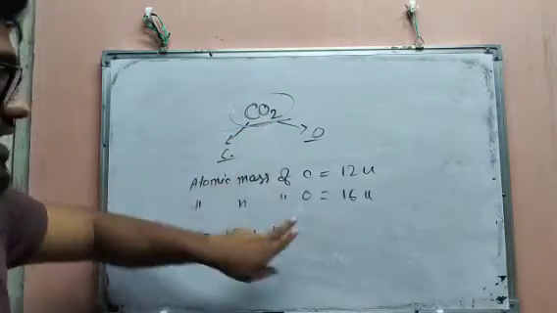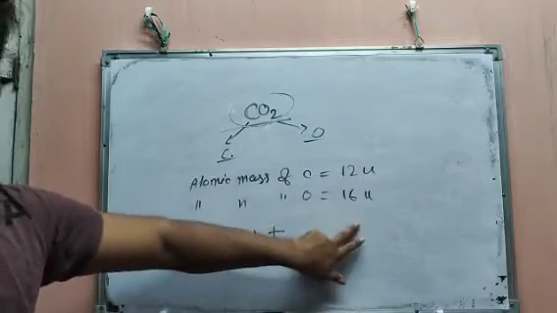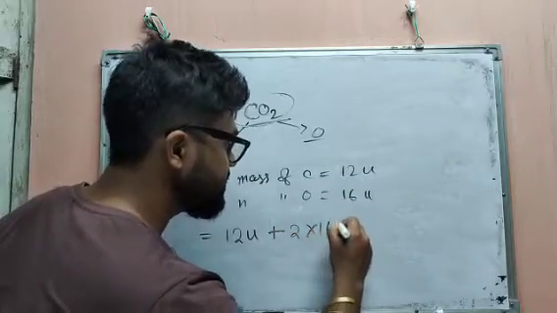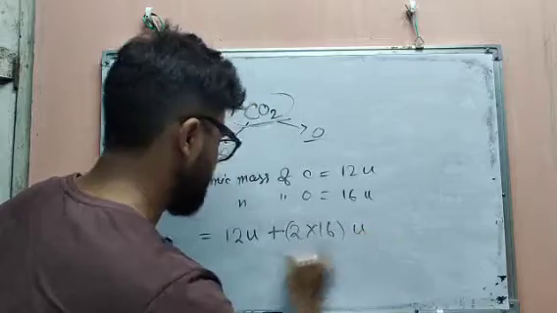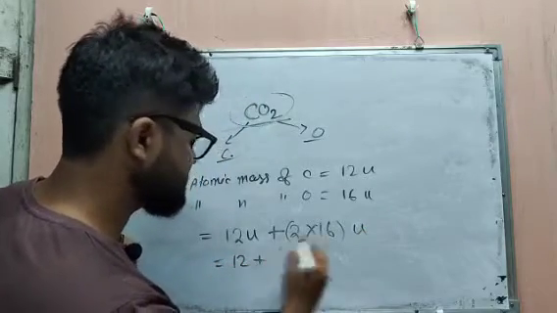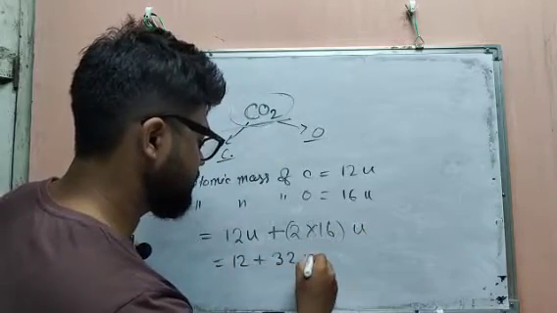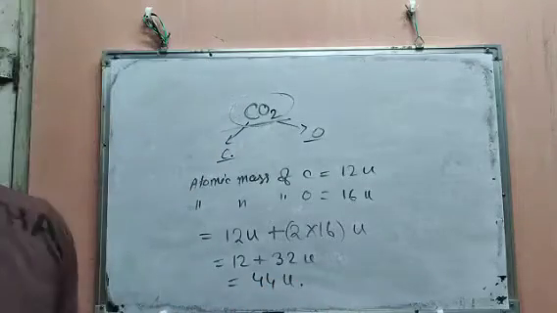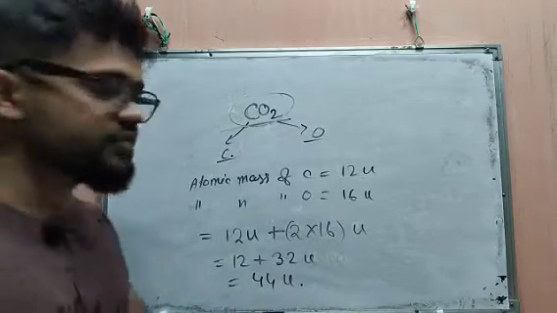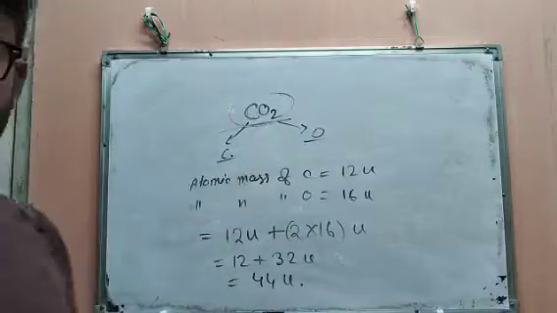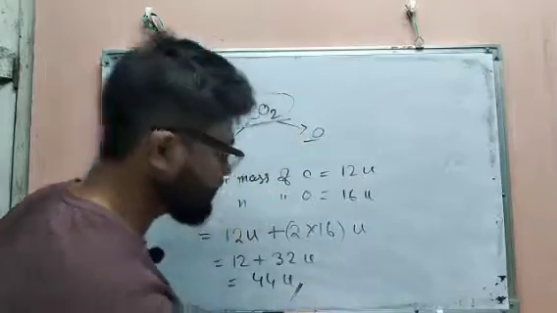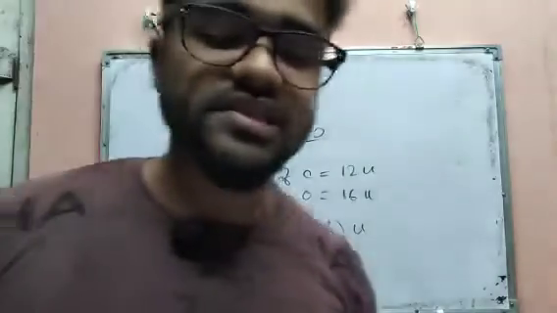There are 2 oxygens, and the atomic mass of 1 oxygen is 16, so the mass of 2 oxygens will be multiplied: 2 into 16 U. 12 plus 32 U, you will get 44 U, which is the molecular mass of carbon dioxide. The molecular mass unit is also U. Don't get confused, the molecular mass unit is also U.